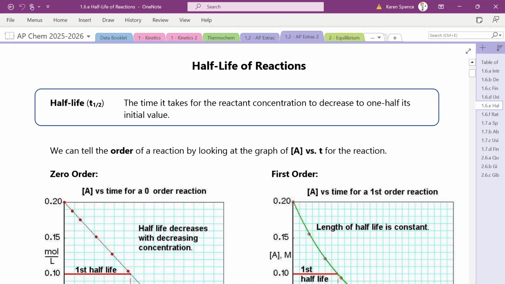Has anyone heard of half-lives before? 1, 2, 3, 4, 5, 6. Okay, like half of you. That's okay. If you haven't heard of it, the concept is really easy.